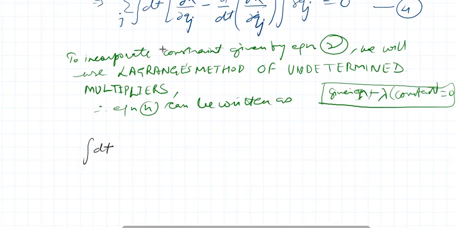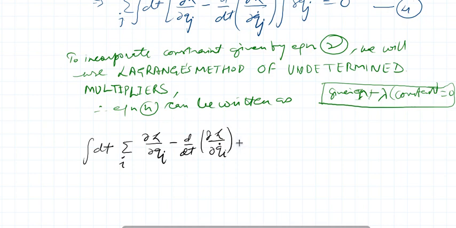It's integral dt. I will rewrite this equation: summation over i curly L over curly qi minus d upon dt curly L over curly qi dot plus some constant multiplied with the constraint curly ri, dqi.